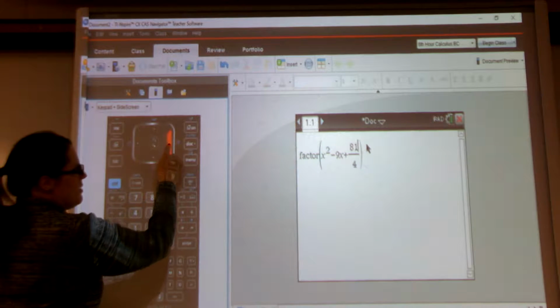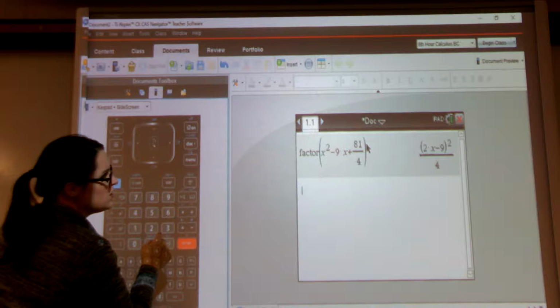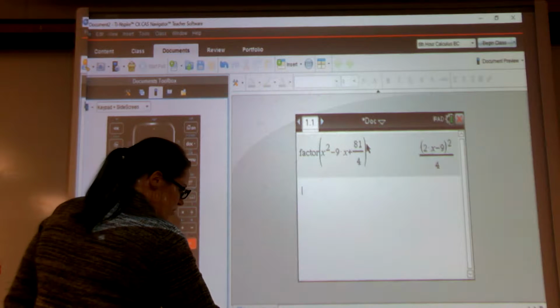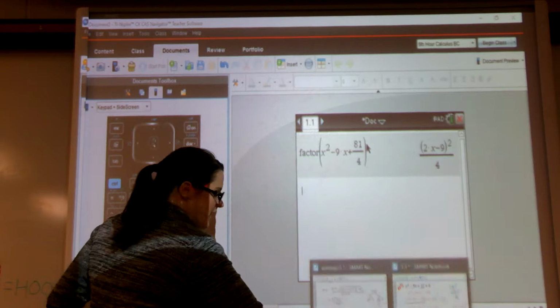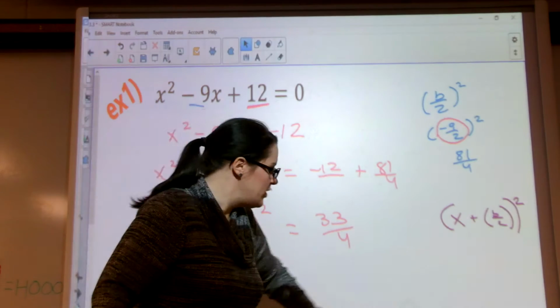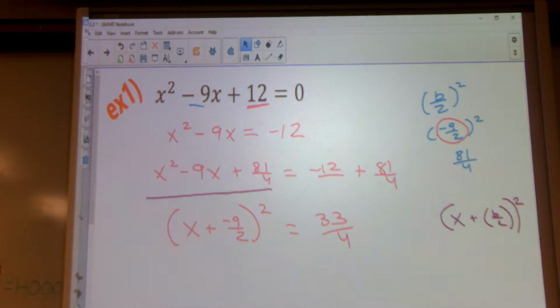I can't remember if I have to do a comma x or not. Oh, it's just going to go ahead and do the perfect square anyway. Ignore that. I was hoping it would show it perfectly, but it doesn't. It gets a little fancier. But anyway, we'll do one that has a whole number, and I'll show you why it works out.